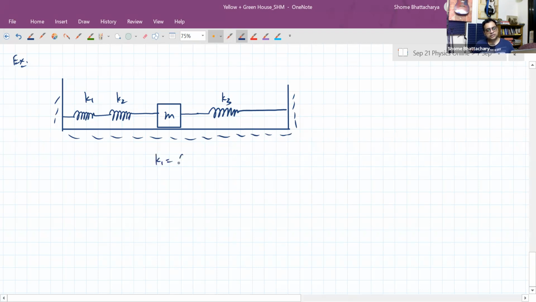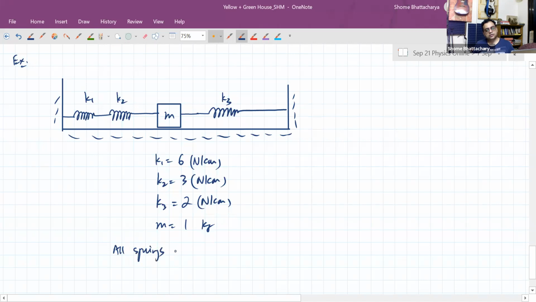Now given that K1 is 6 Newton per centimeter, K2 is 3 Newtons per centimeter, K3 is 2 Newtons per centimeter, and the mass of the block is, let us say, 1 kg. All springs are in a relaxed state in the position shown above.